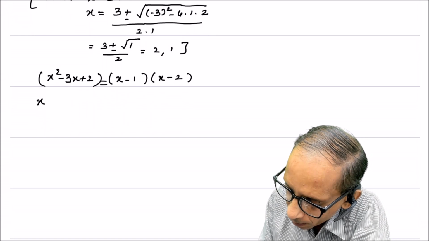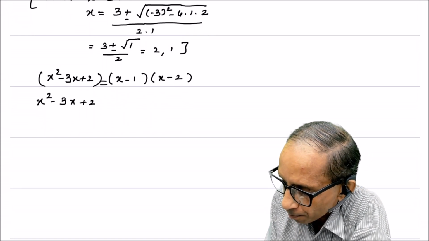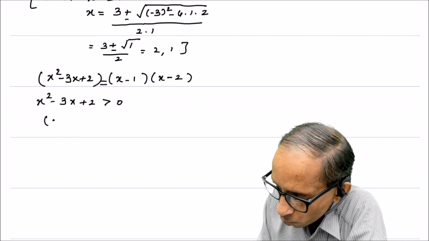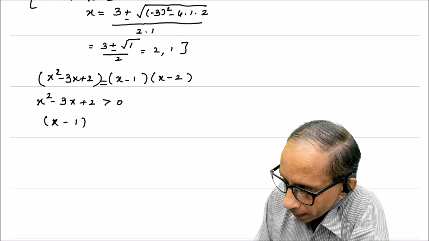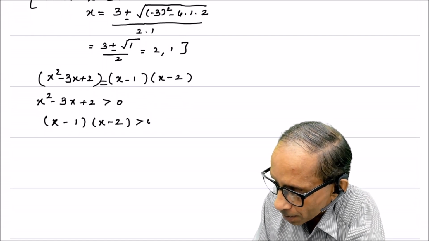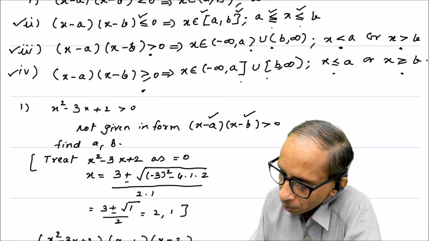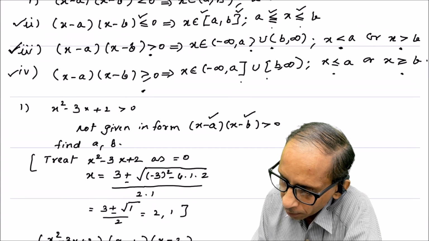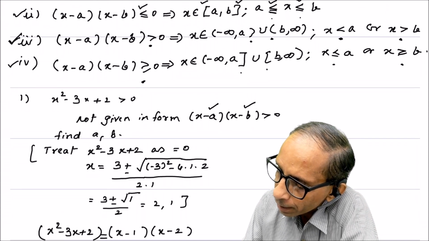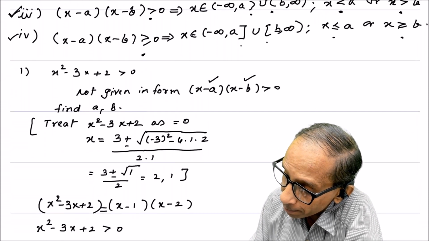So if you are solving the question x square minus 3x plus 2 greater than 0, then it amounts to saying x minus 1 into x minus 2 is greater than 0. And by the case, this one strictly greater than, the conclusion will be this thing, x less than a or x greater than b.